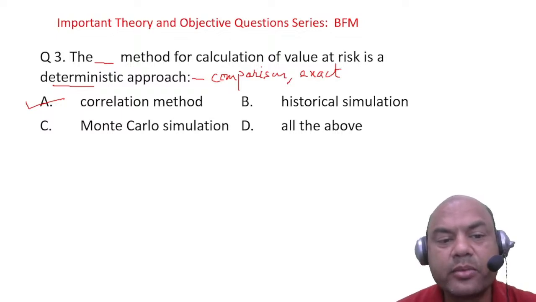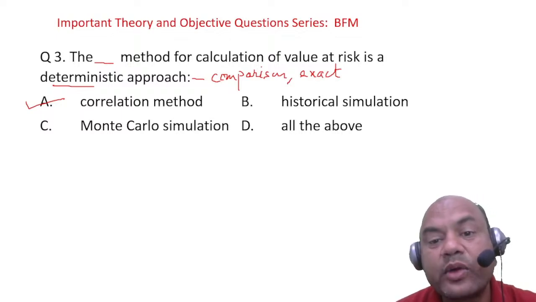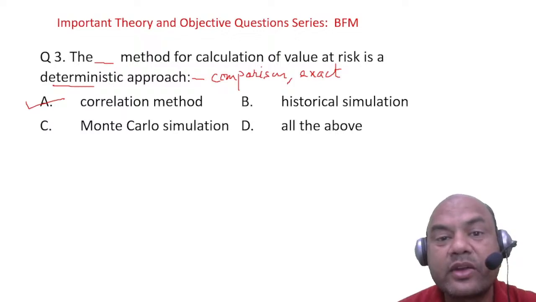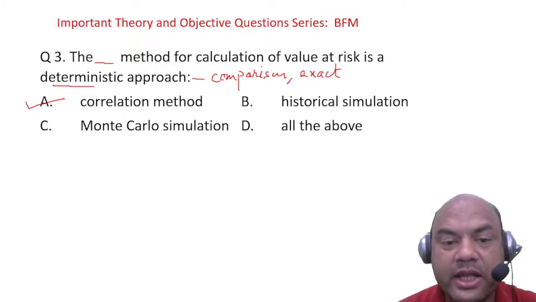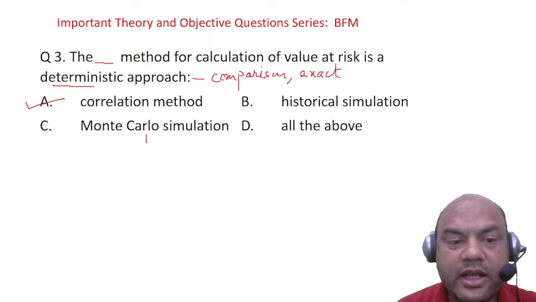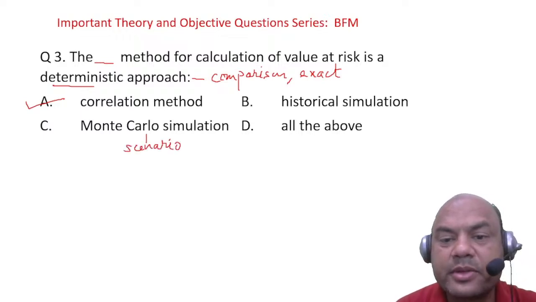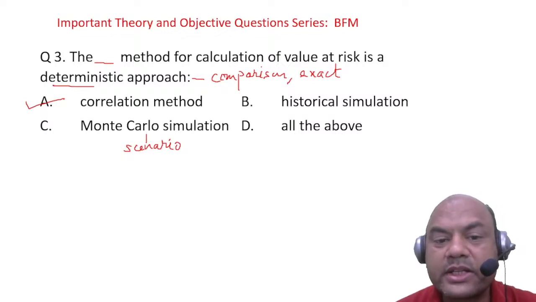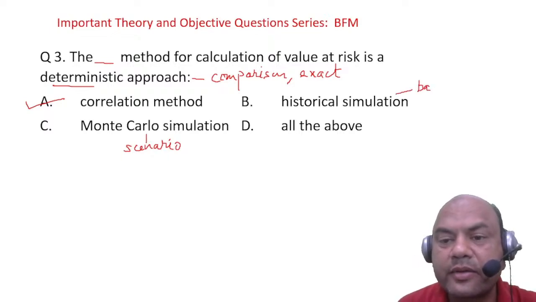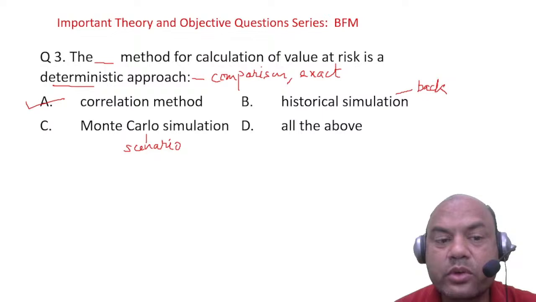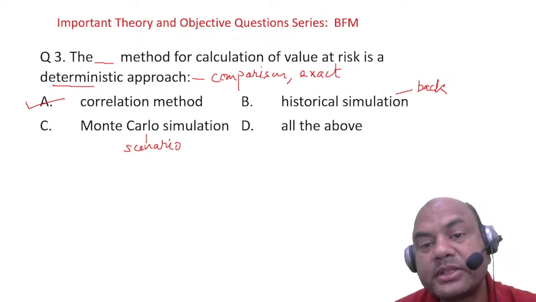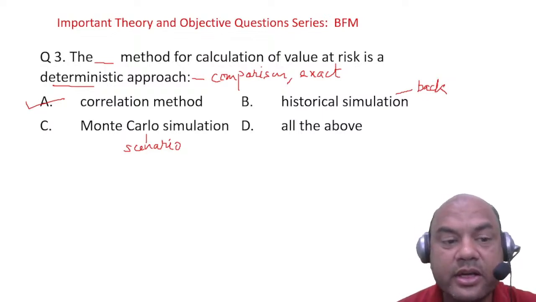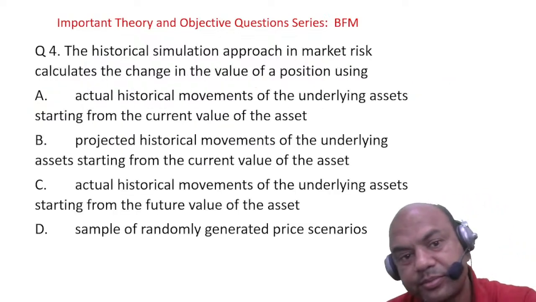Historical simulation and Monte Carlo simulation are known as scenario analysis. Historical simulation is again a simulation only, and also related to backtesting. But this correlation method is deterministic, meaning you get an exact answer here. So the correct answer is A.